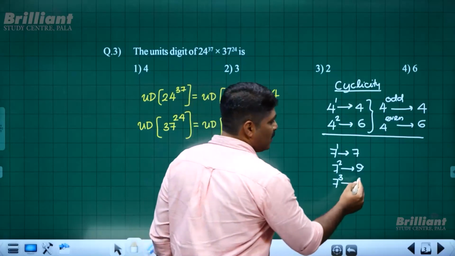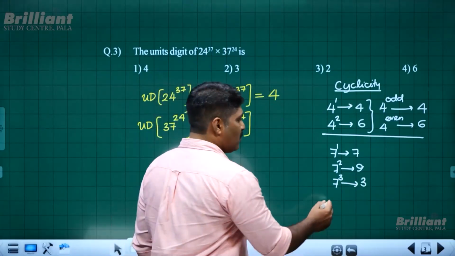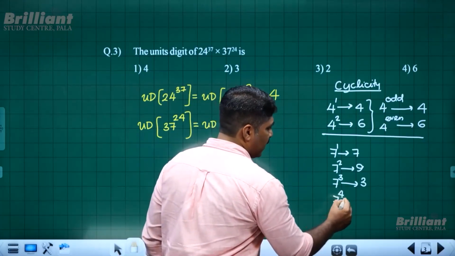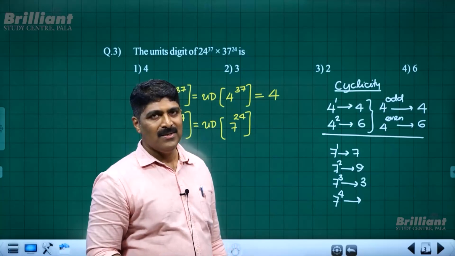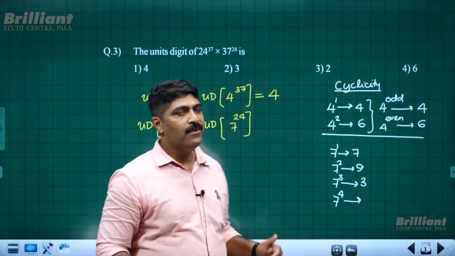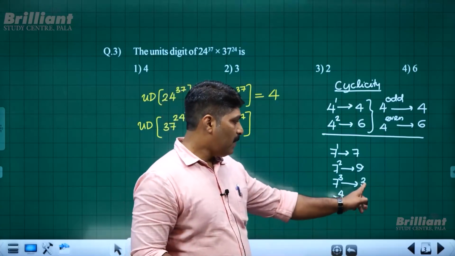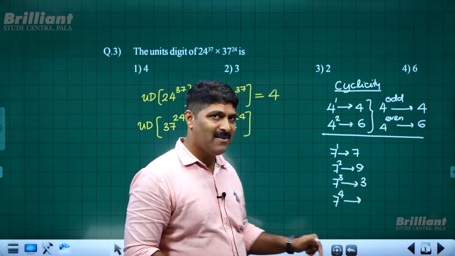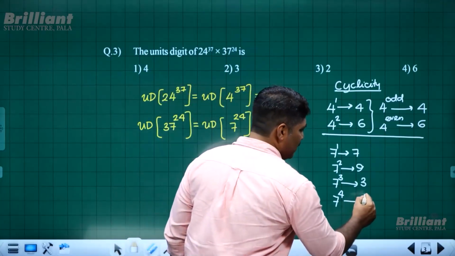Which is the unit digit of 63? That is 3. Again, most of you face difficulty finding 7 raised to 4. Don't worry, if you don't know the exact value of 7 raised to 4, for finding the unit digit you just multiply this 3 by 7. 3 into 7 is equal to 21. 21, its unit digit is 1.